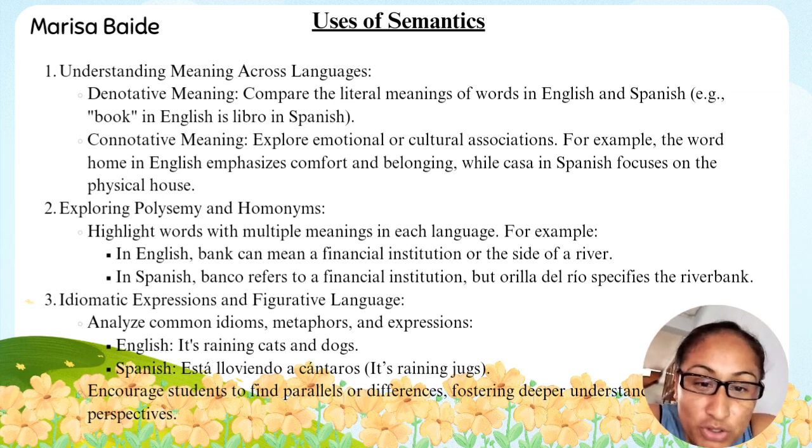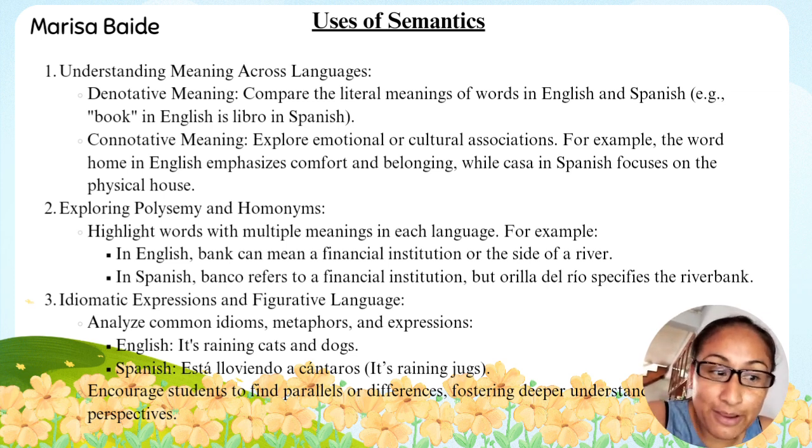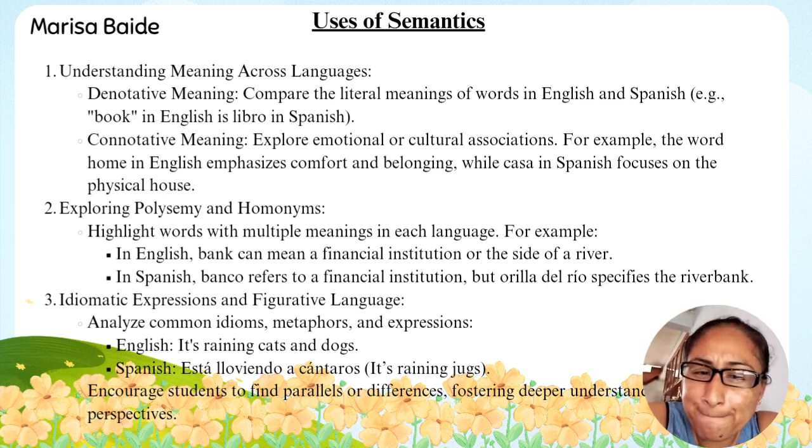And they won't be able to get the meaning of that idiom or figurative language by taking it literally, word for word. So we have to encourage students to find parallels or differences, fostering deeper understanding of cultural perspectives when it comes to the uses of semantics.